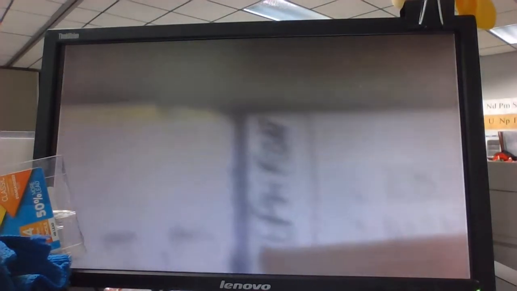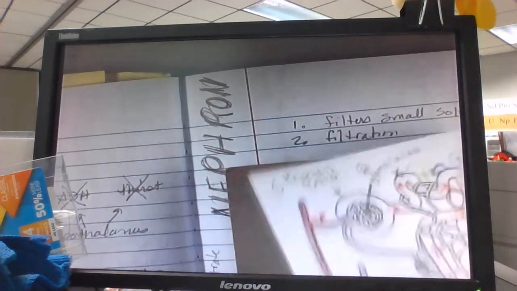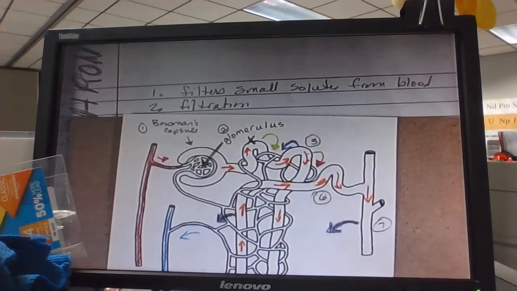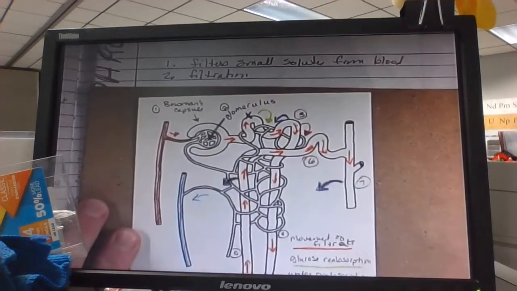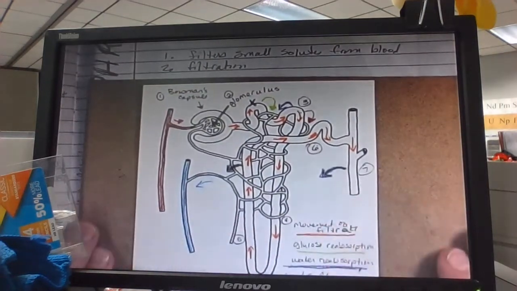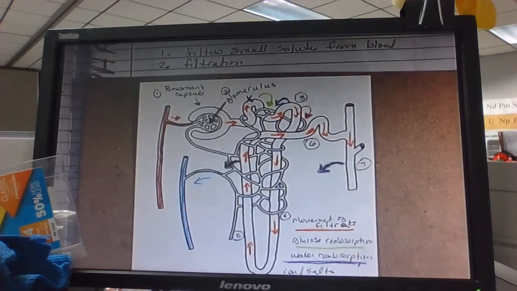All right, so on this little diagram right here, this represents a nephron.